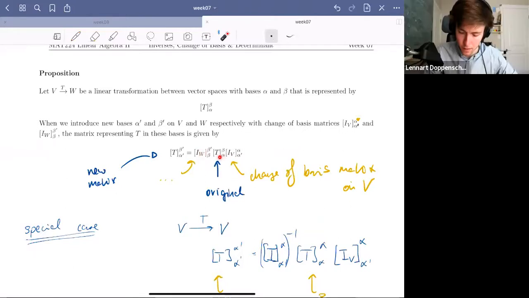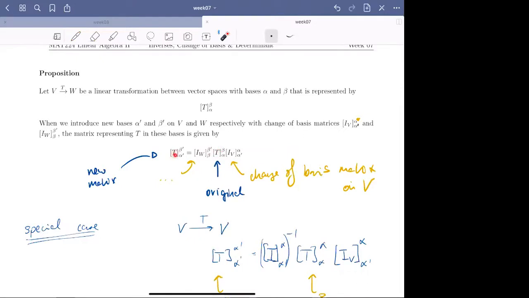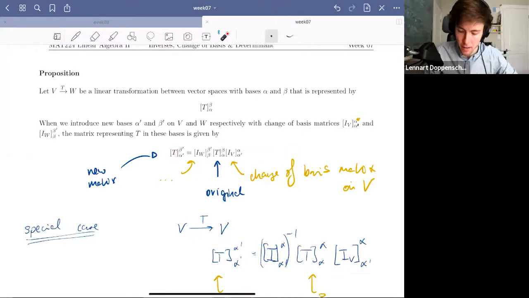This one? Yes. So if I understand this correctly, what you asked is that this matrix will be similar to this matrix because these change of basis, well, in the case that W is V, so they have to be the same vector space. But in that case, these matrices will be similar.